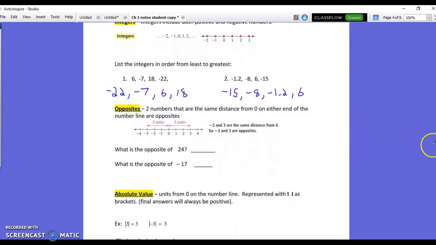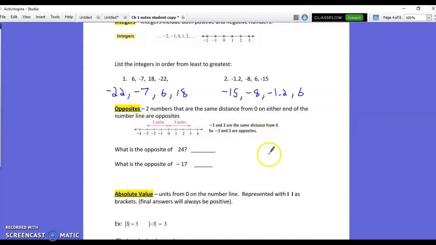Okay, a couple other vocabulary terms go with this section. One is opposites, and opposites are exactly what it sounds like. It's the number of units a point is away from 0 on either end of the number line. So 3 units to the left would be -3. Basically they're opposites.